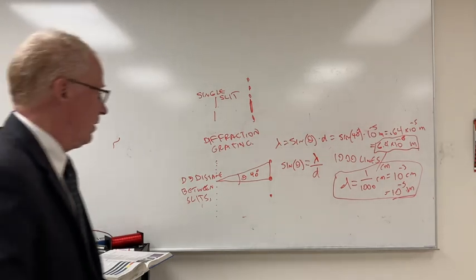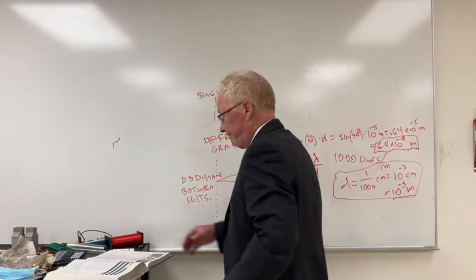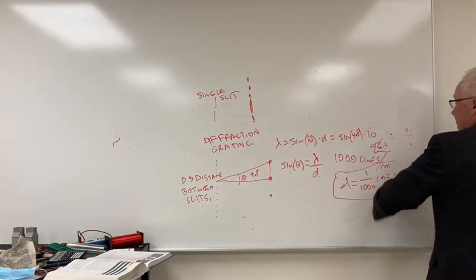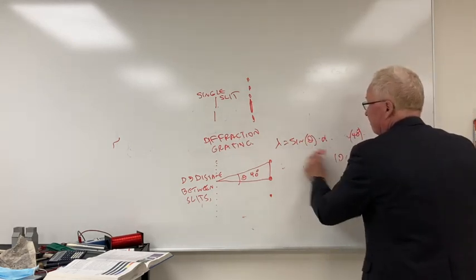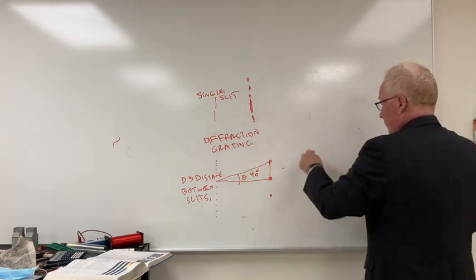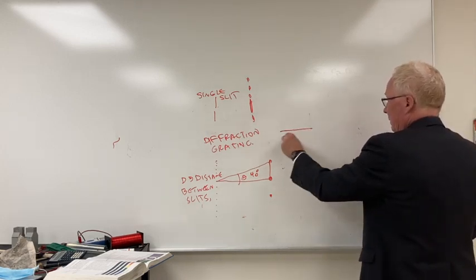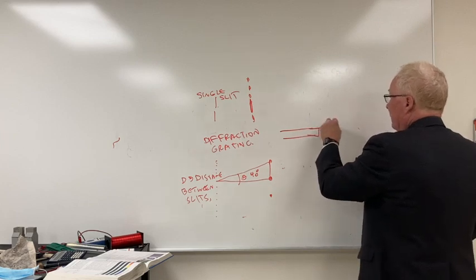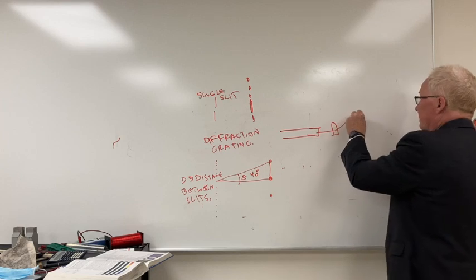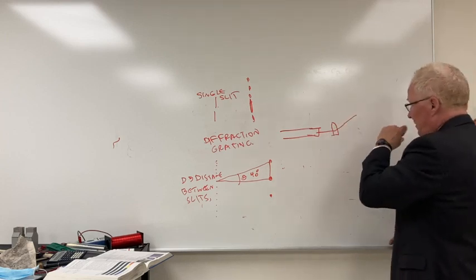using this expression: light comes in here, passes through the diffraction grating, and we see a spot over here.